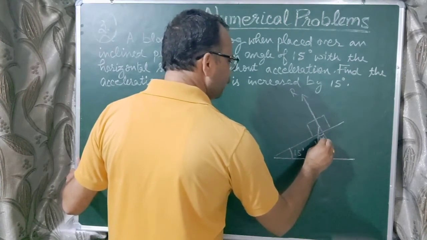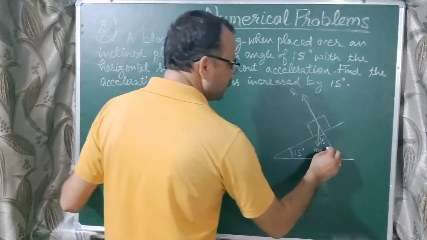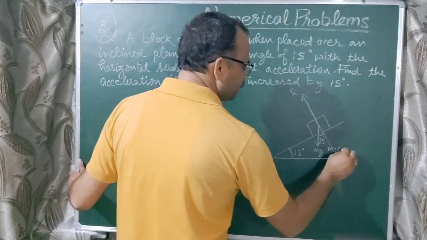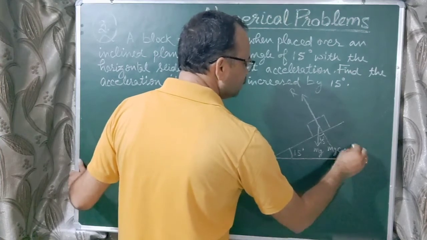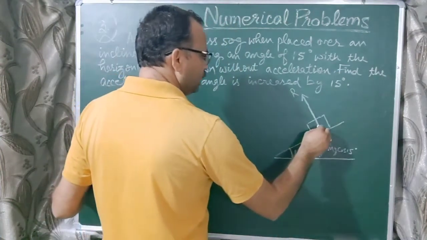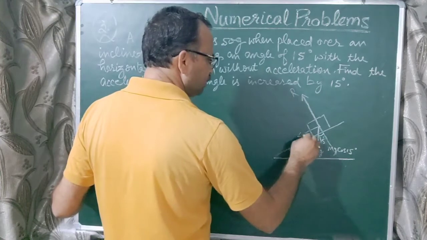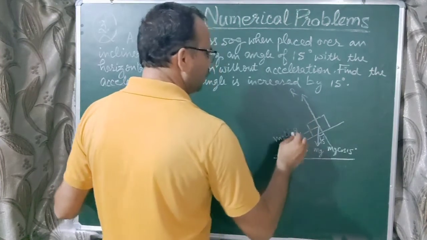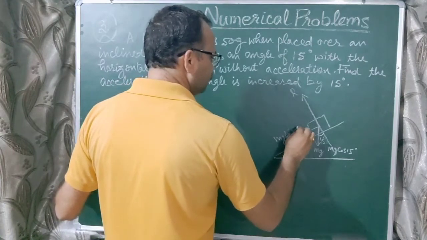So on resolving the weight into two components, the horizontal component will be in the direction from which it makes an angle theta, and the other component mg sin theta is along the inclined plane in the downward direction.